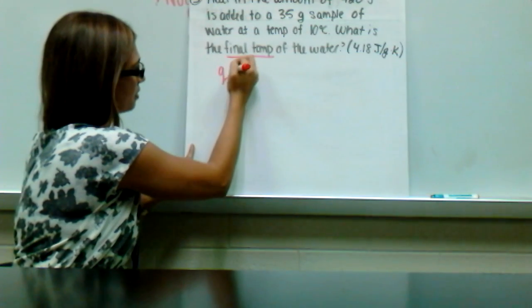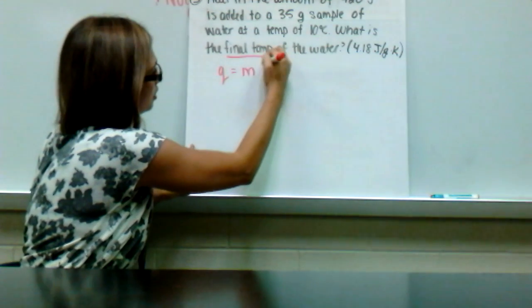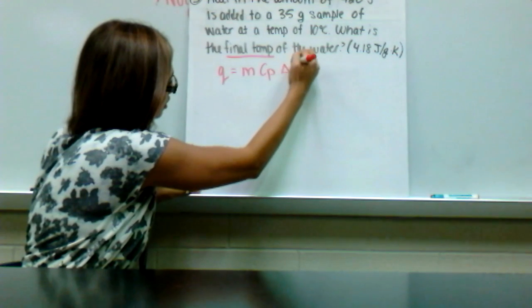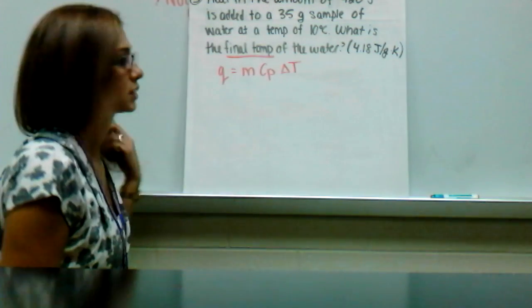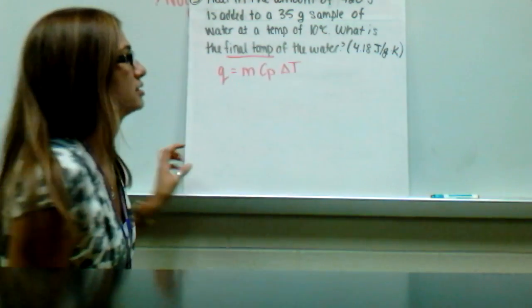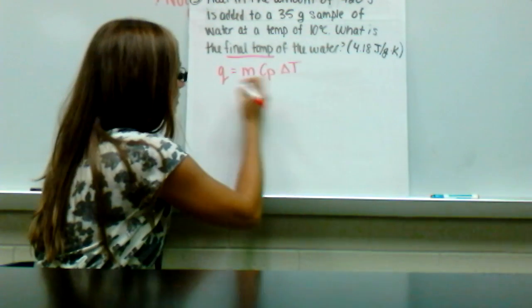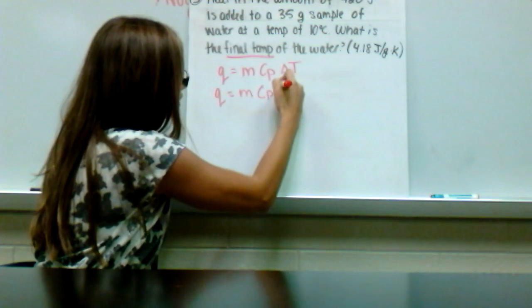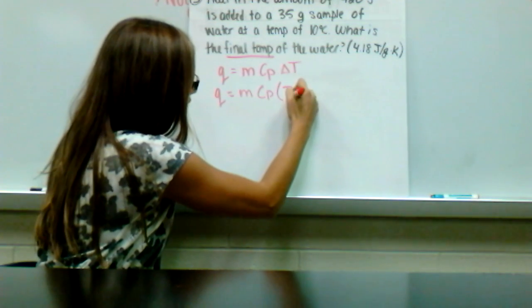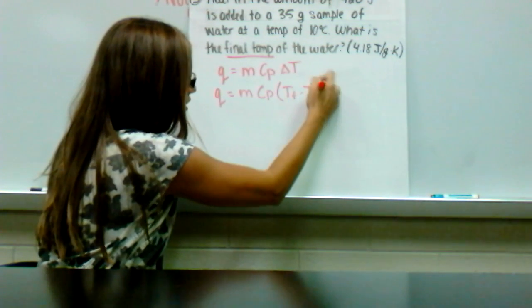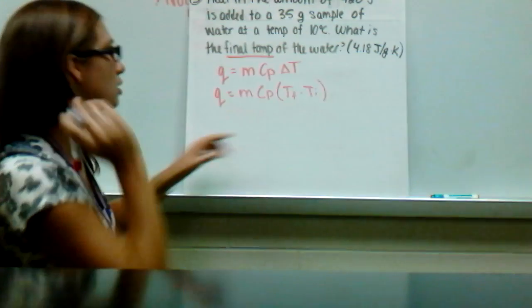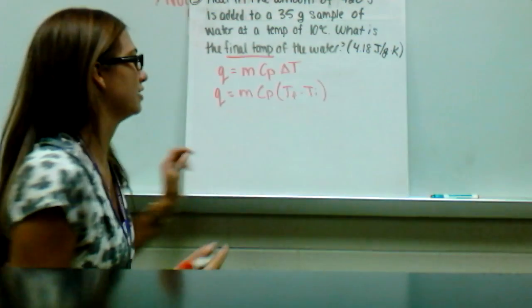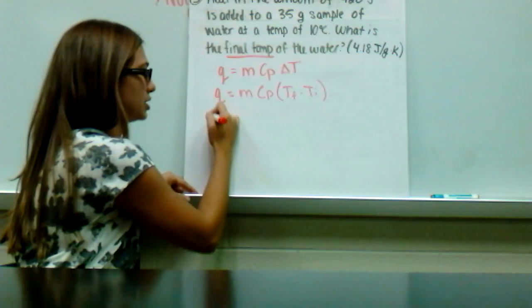So once again, we're going to start with our equation. But here we just want to know our final temperature. So we need to keep in mind that this equation really reads T final minus T initial. What we're solving for here is T final, so we're going to have to rearrange this equation.